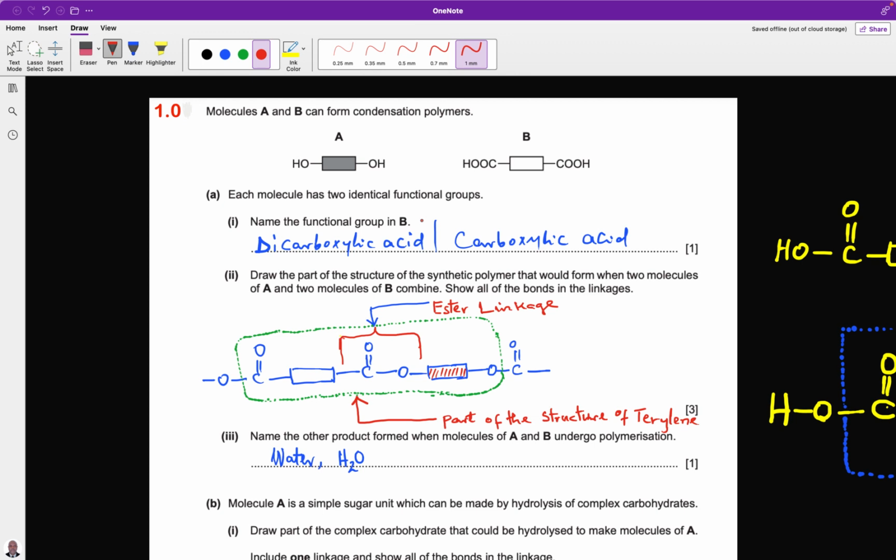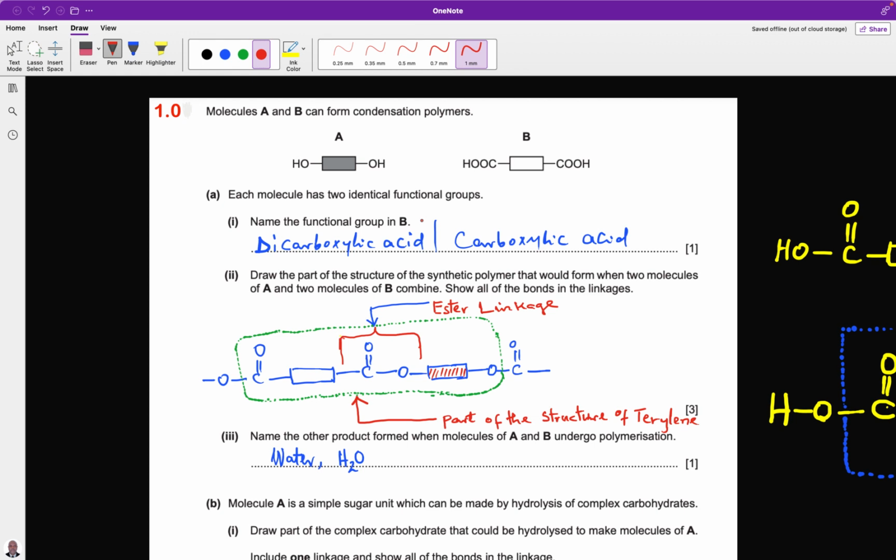Polyesters and polyamides are examples of condensation polymers. During a condensation polymerization, when a molecule of water has been released, a polyester is being formed. A polyamide is also being formed.